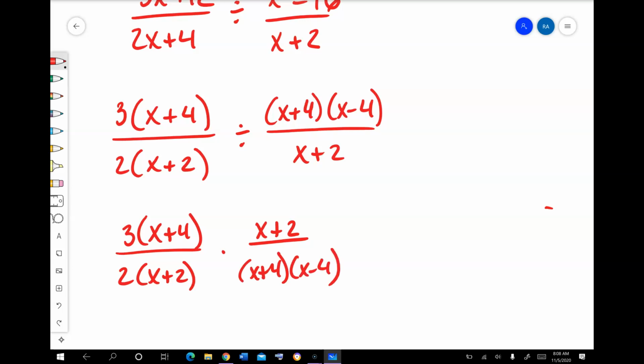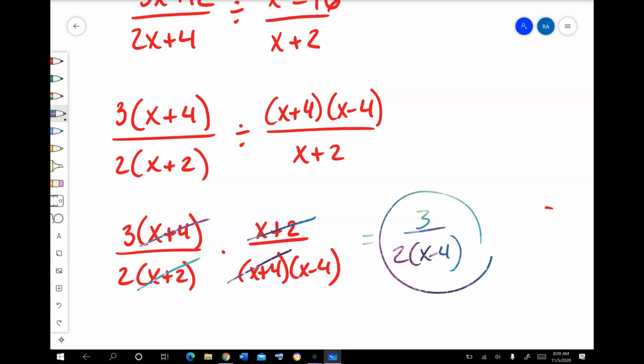All right, cancel out your like terms. x + 4, x + 4. x + 2, x + 2. Smush what you've got left. Now 3 and 2, you can't reduce that anymore, so that would be your final answer.